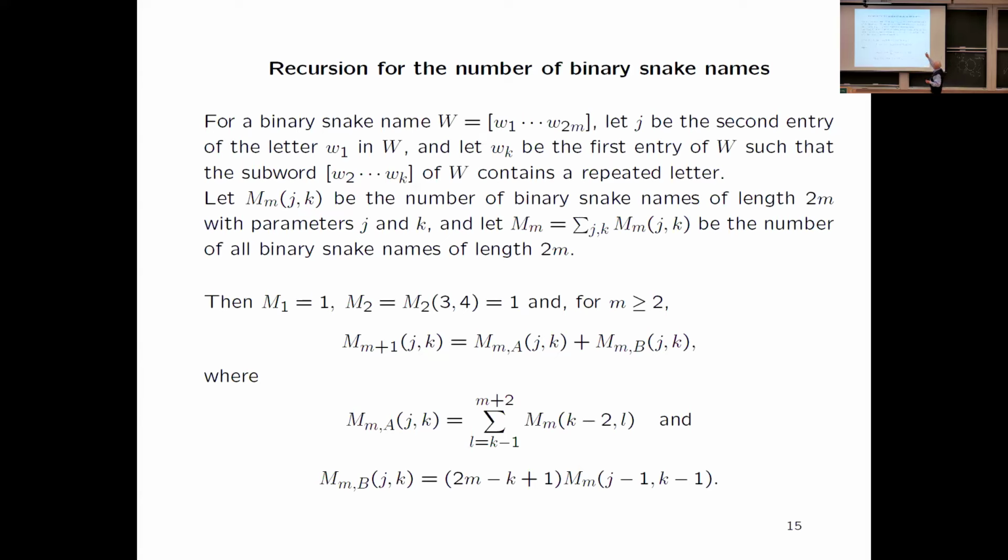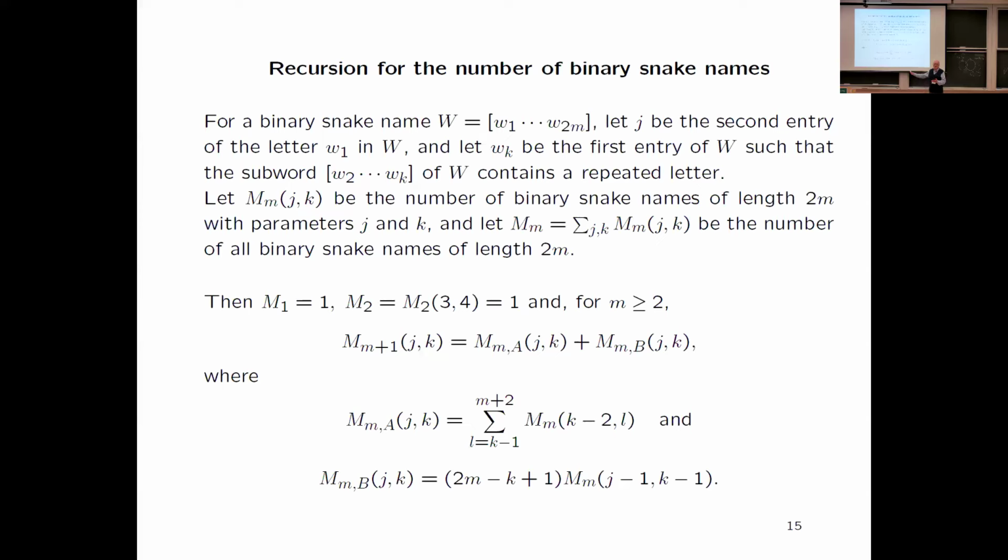Unfortunately, the recursion is two-parametric because of the two kinds of ways you can insert extra letters. And there is a formula for the recursion, but I have no idea how to make it an explicit number.